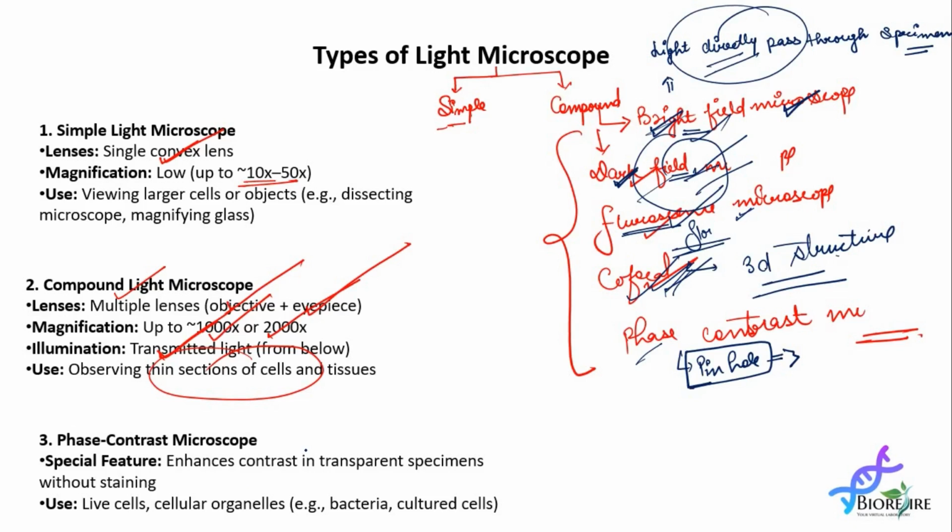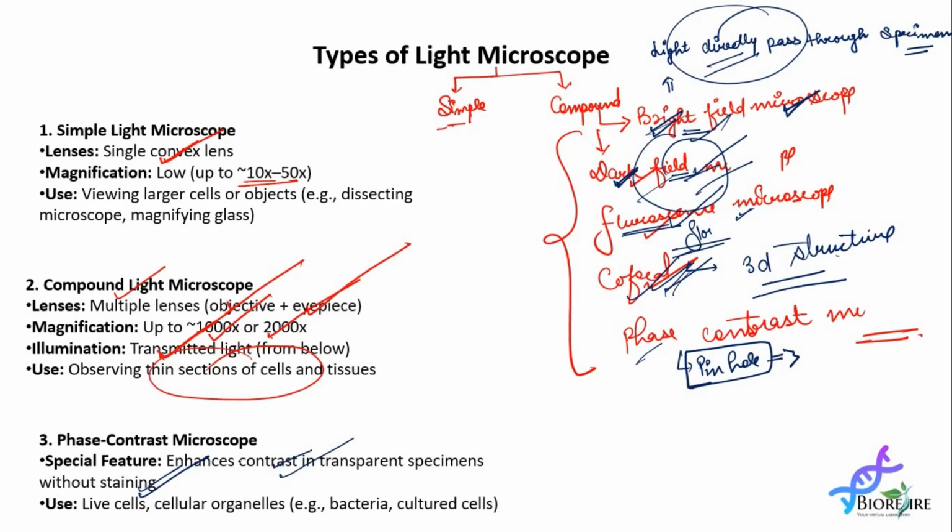Due to using this pinhole system, it will enhance the contrast of transparent specimens. By the help of the phase contrast microscope, we easily visualize unstained specimens, meaning that whenever we visualize images with the phase contrast microscope, staining is not required.